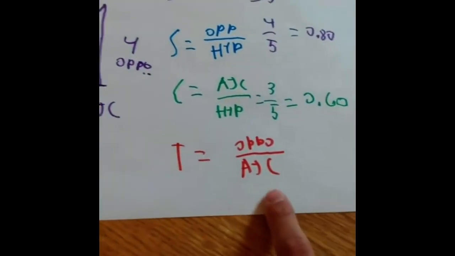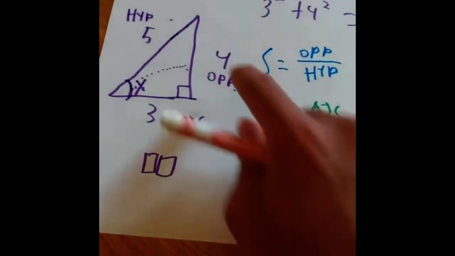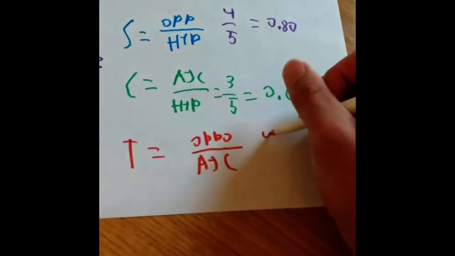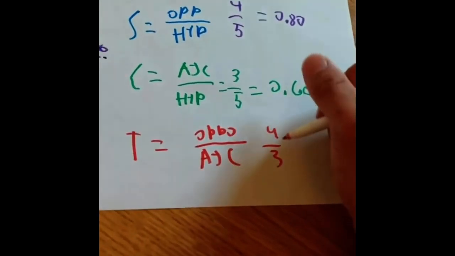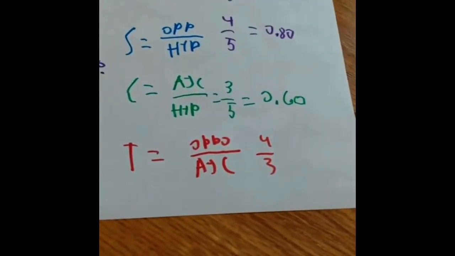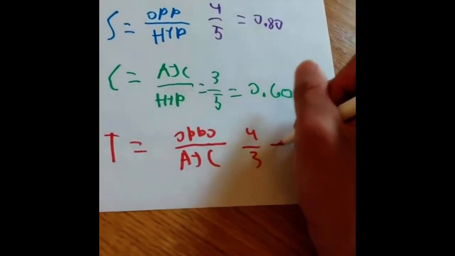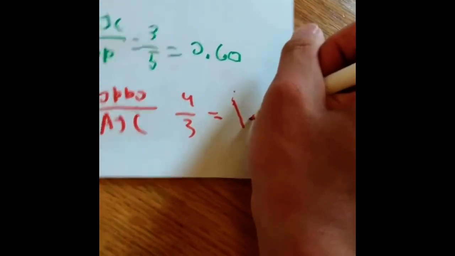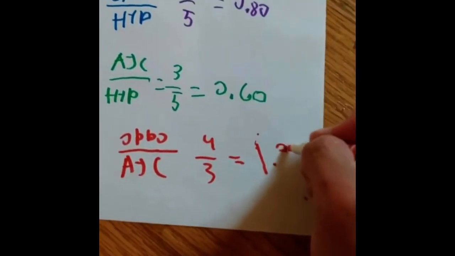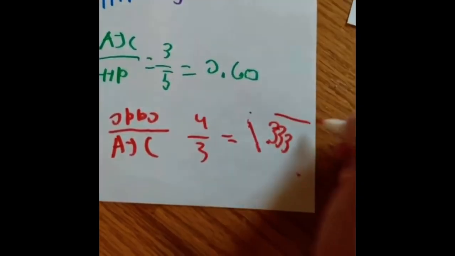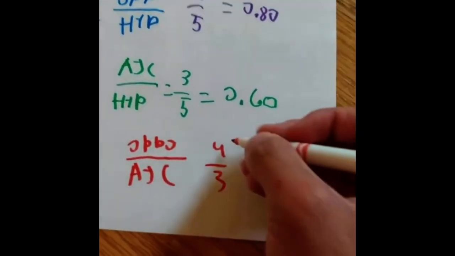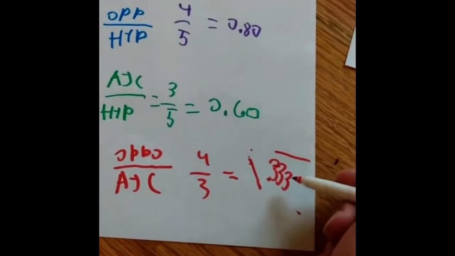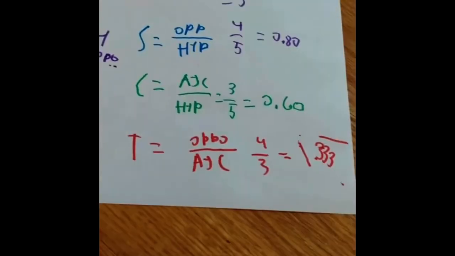So with tangent, when we do opposite divided by adjacent, or 4 over 3, or 4 divided by 3, we're going to get a decimal, 1.333 repeating. That is if you turn 4 over 3 into a decimal.